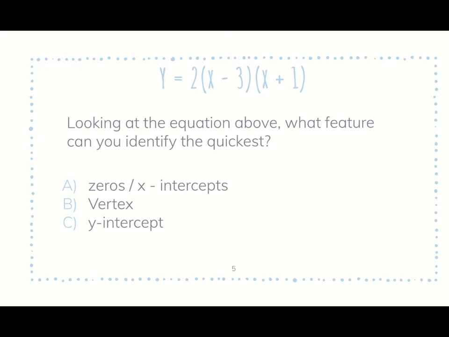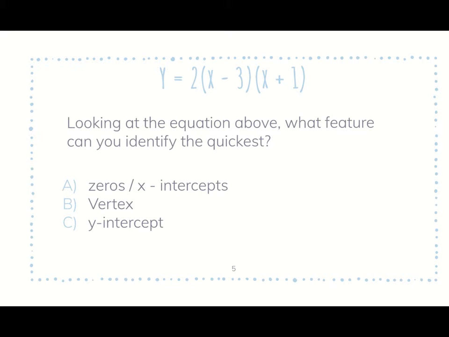Like I said, our goal for today is to be able to look at each form, recognize the form, and recognize what that form most easily tells us. Looking at the equation above, it's factored form. What feature can you identify the quickest? The zeros, the vertex, or the y-intercept? Go ahead and select your choice.